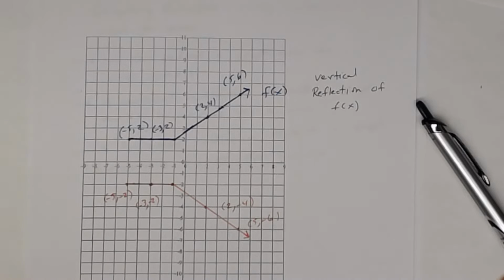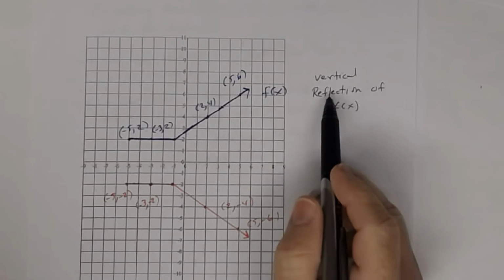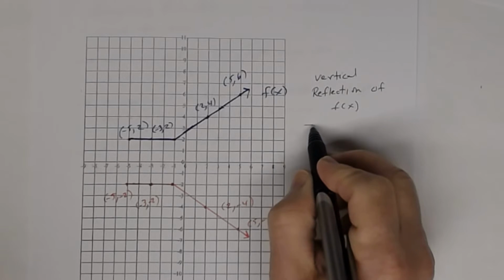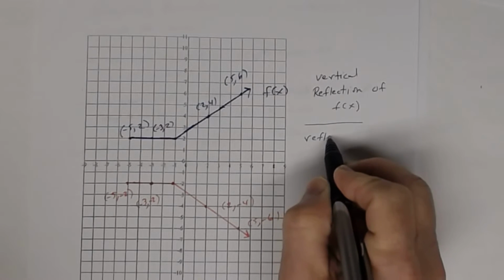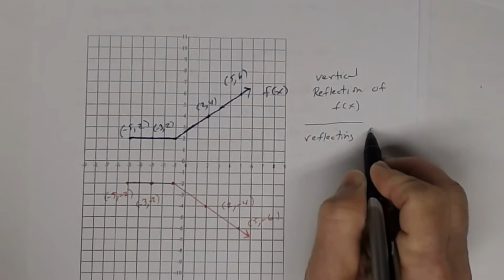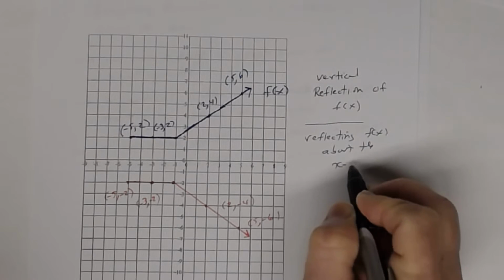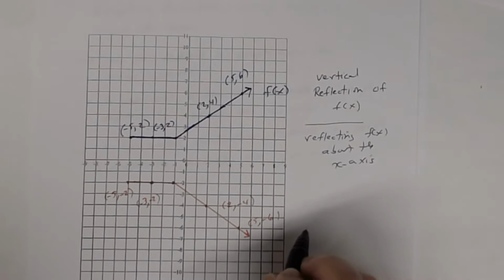One thing I want you to remember is that with a vertical reflection of f(x), you're basically reflecting f(x) about the x-axis. That's what we mean by vertical reflection.